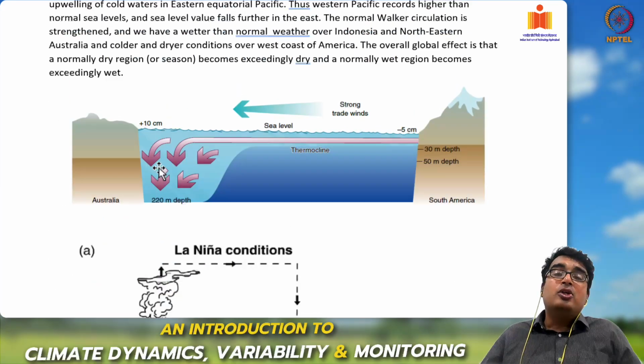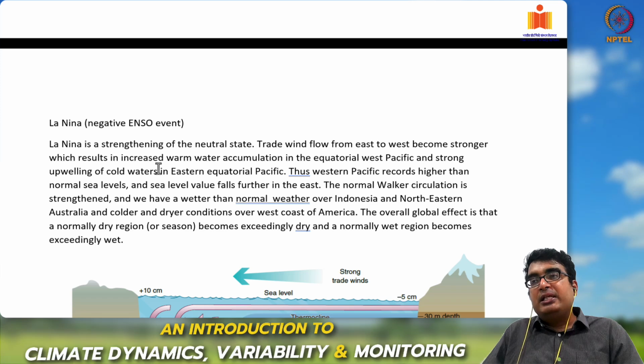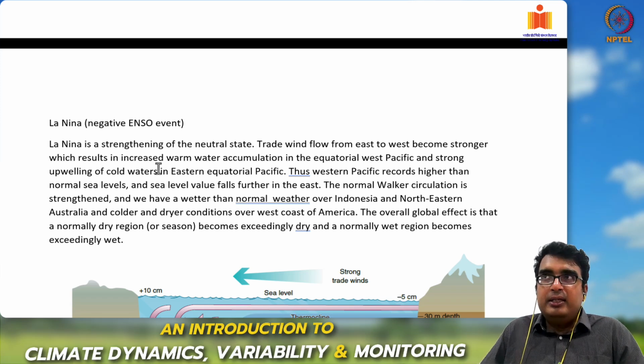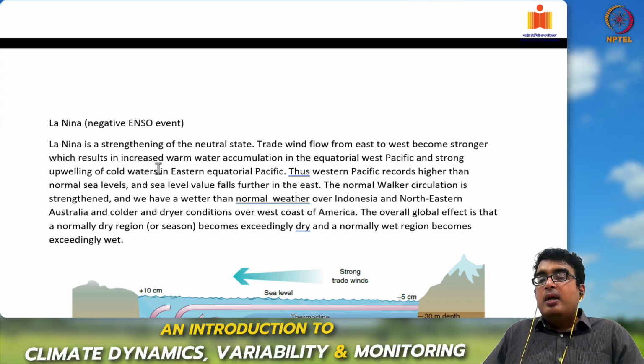Okay. So, this is one of the most important natural variability events that we will discuss in this class, the La Nina and the El-Nino oscillations caused by the reversal of the Walker circulation in the equatorial Pacific. In the next few classes, we will look at the impact of the anthropogenic perturbations on the climate system.